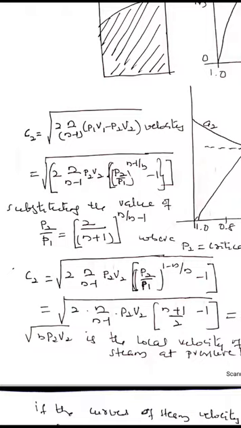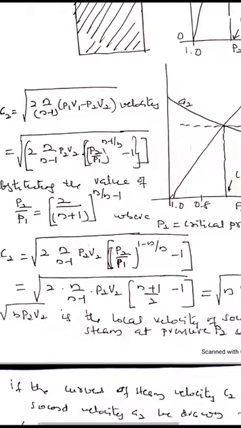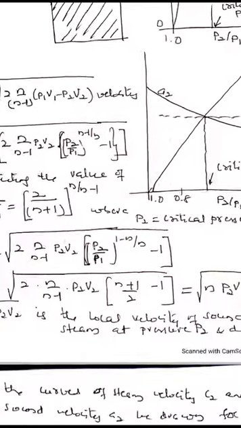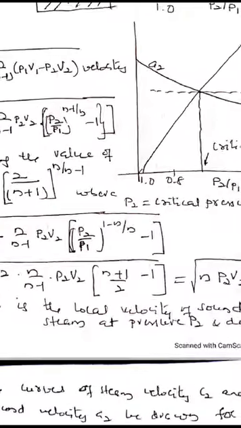as derived earlier, we get C2 equal to root of 2 by n minus 1 P2 V2 into bracket, and finally C2 equal to root of n P2 V2.